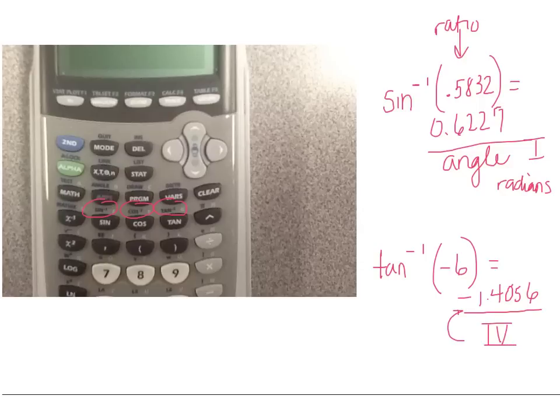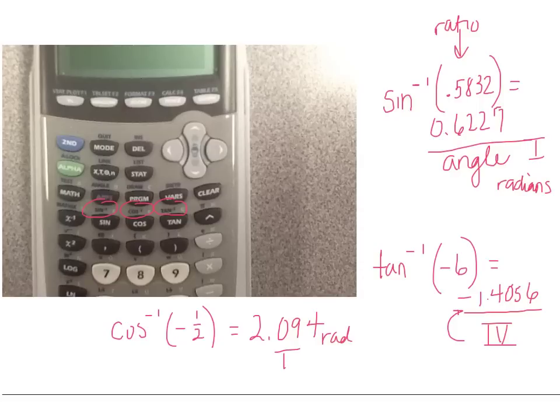Okay. Now, I want you to try this. Let's do the cosine inverse of -1/2. Okay, so second cosine, -1/2, gets me 2.094 radians. What quadrant is that in?